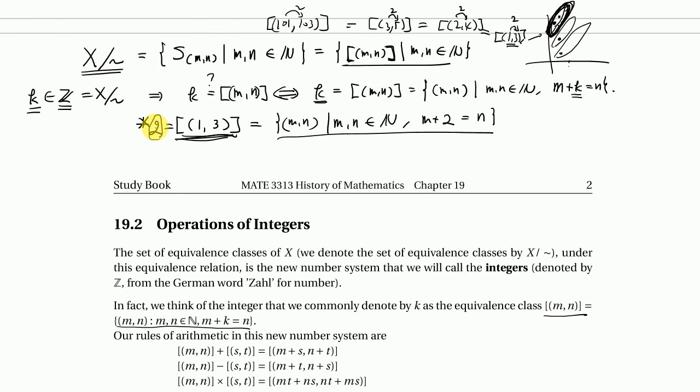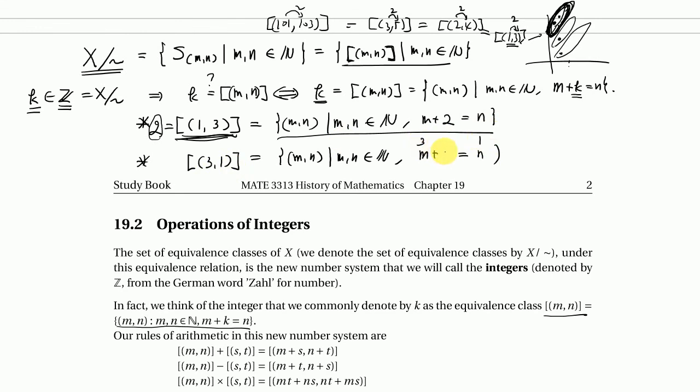And because of this, what would happen if we change the order? The ordered pair means order is very important. So according to our definition, (3, 1) represents this type of ordered pairs such that m plus something equals n, and one of them is (3, 1).